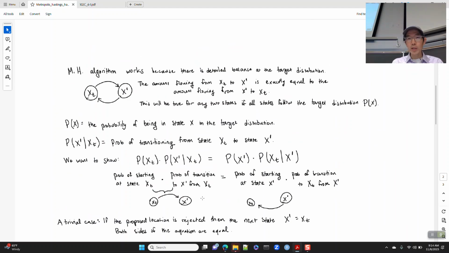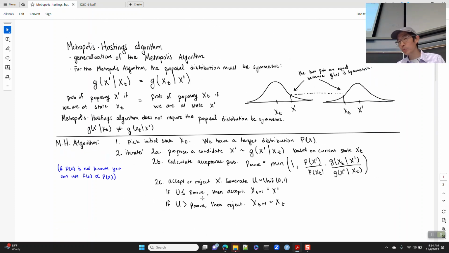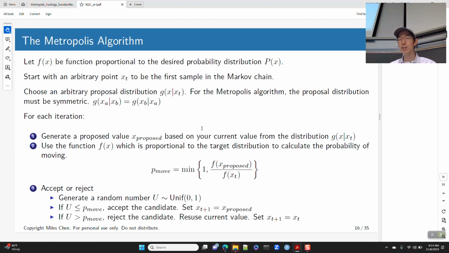And so that's why the Metropolis algorithm and the Metropolis-Hastings algorithm works, despite the procedure being almost deceptively simple. We just say, hey, let's propose a location and let's decide to go there or not. And if you use that as the rule for your transition probabilities, then your Markov chain, when you let it run long enough, will end up producing values from that desired target probability distribution.